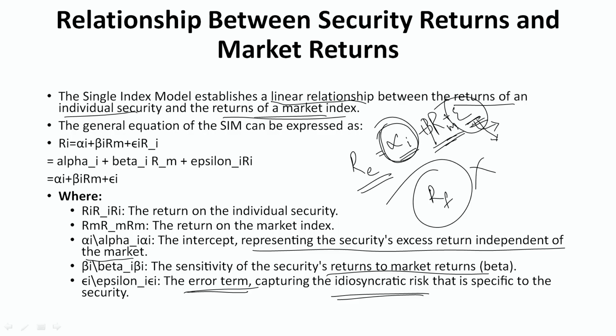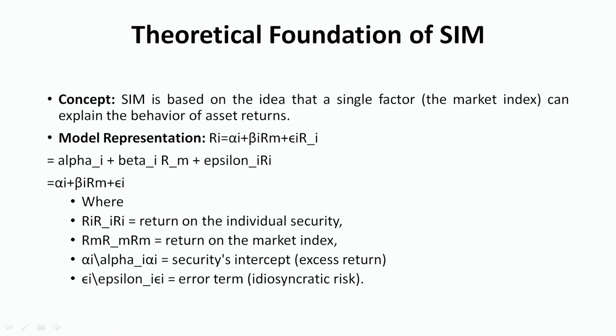So, if you have a time series data based on the error terms, you can incorporate the epsilon part over there. What is the theoretical foundation of SIM? It is based on the idea that there is only a single factor that is nothing but the market index, which is actually having an impact on the behavior of the return which your stock actually is going to give you.